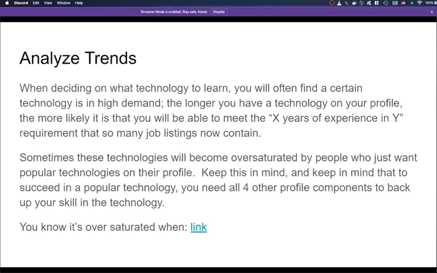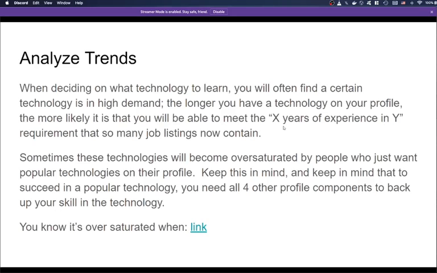So the first step is to analyze trends. When deciding on a technology to learn, you're going to find that some technologies are on the up and up, and the buzzwords are everywhere. You probably hear it, React.js, and many other technologies like it. There's always a hot technology that everyone is on about learning. And if you can hop on these early on, you'll be able to meet what employers put as X years of experience in Y requirements.